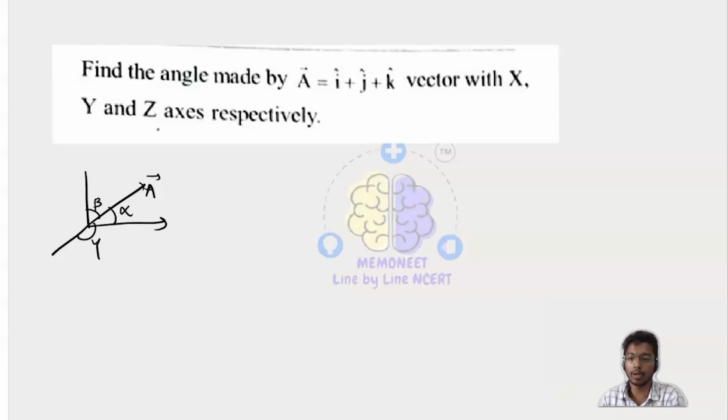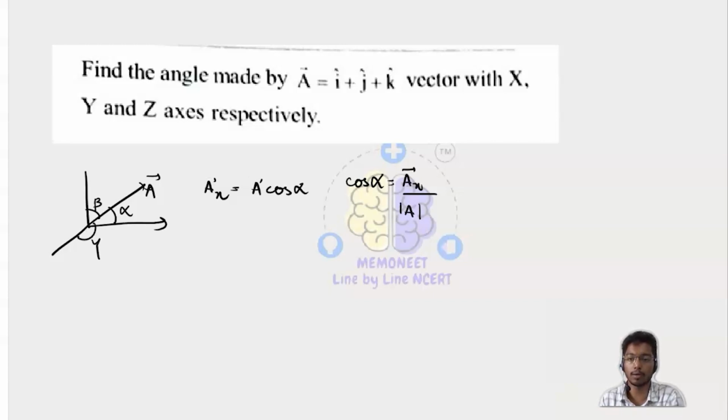The projection on the x axis will be A vector in the x axis is equal to A cos alpha. From here I can show you that cos alpha is equal to Ax upon A, the magnitude. It is not vectors, it is a magnitude.